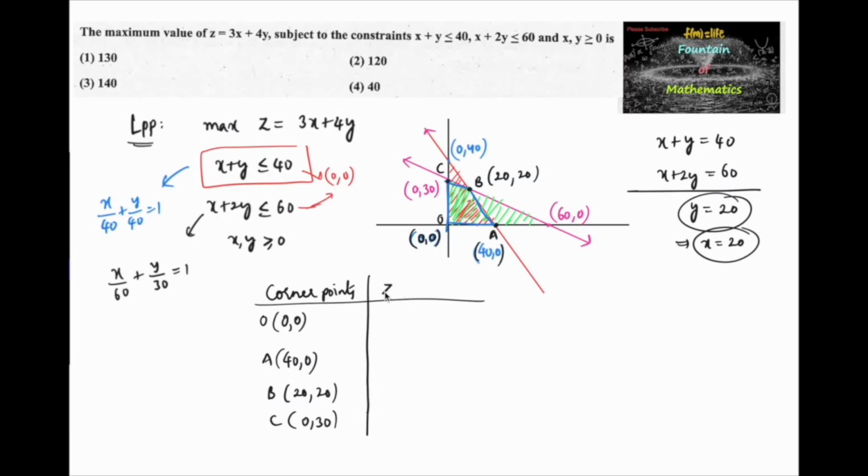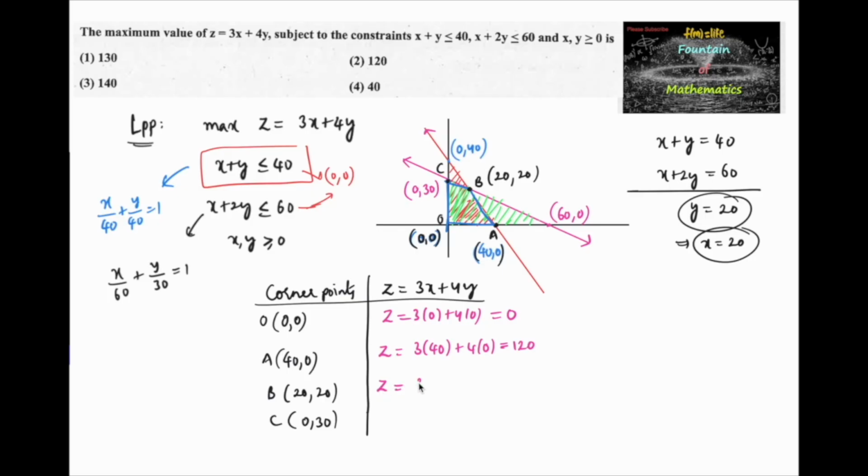And profit function z is equal to 3x plus 4y. So let us calculate at 0 comma 0, z is equal to 3 into 0 plus 4 into 0, which is equal to 0. And at the point A, z is equal to 3 into 40 plus 4 into 0, which is 120.